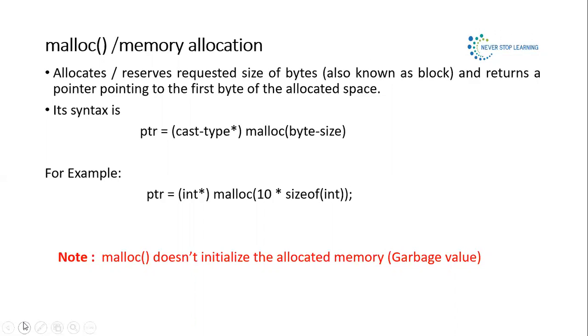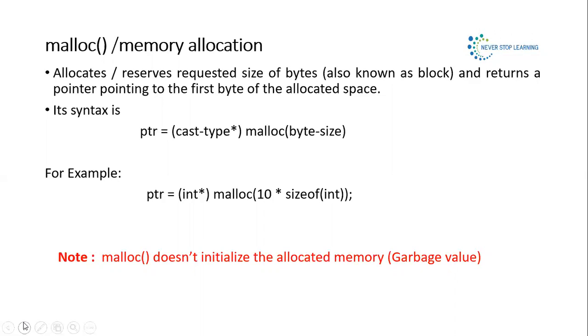For allocating the memory dynamically, we require dynamic memory allocation. I already told the difference between static and dynamic memory allocation in the previous video. You can refer to those videos if you have not gone through them.